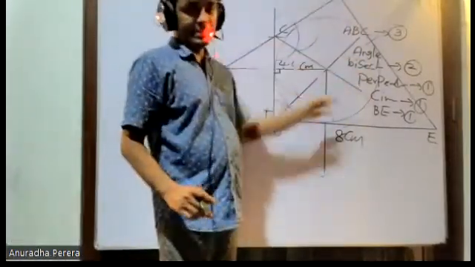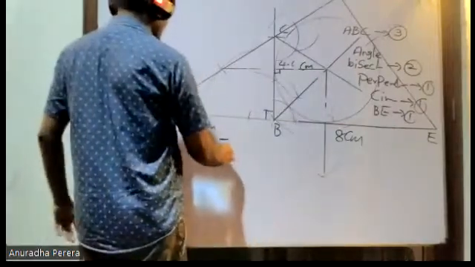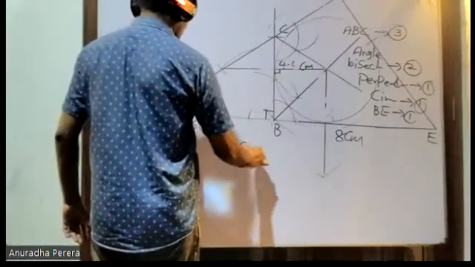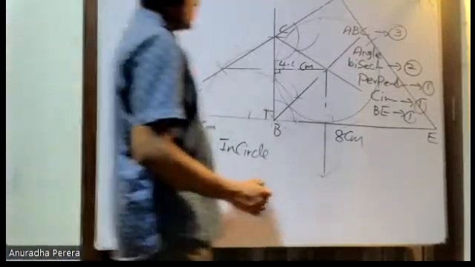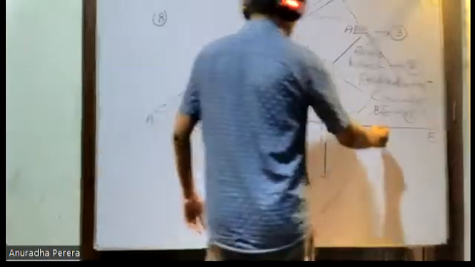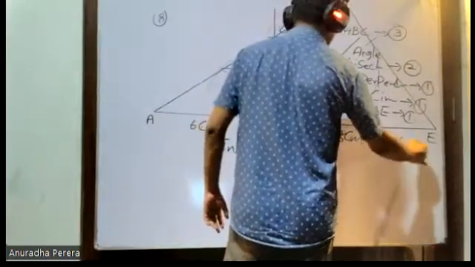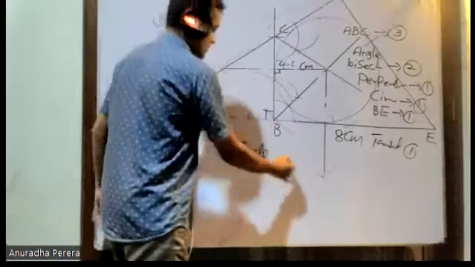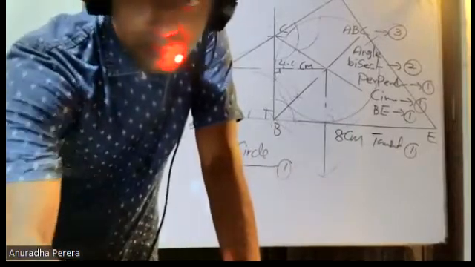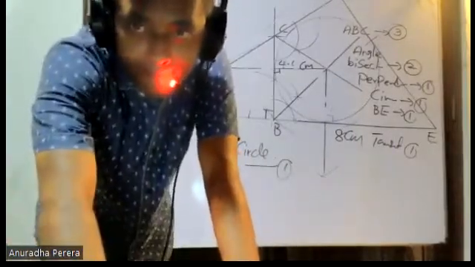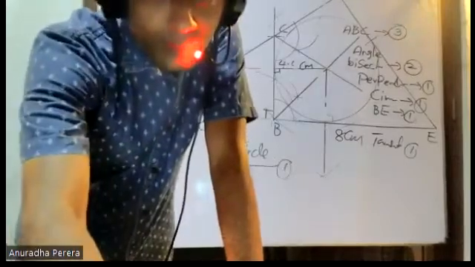This one is the incircle. Incircle. To obtain this tangent, 1 mark, and to write this incircle, 1 mark. If you have questions, ask. Many constructions have been done now. Right. We come to the next question.